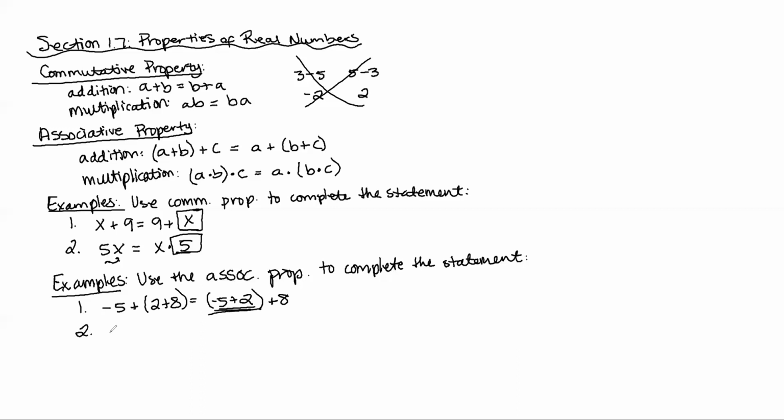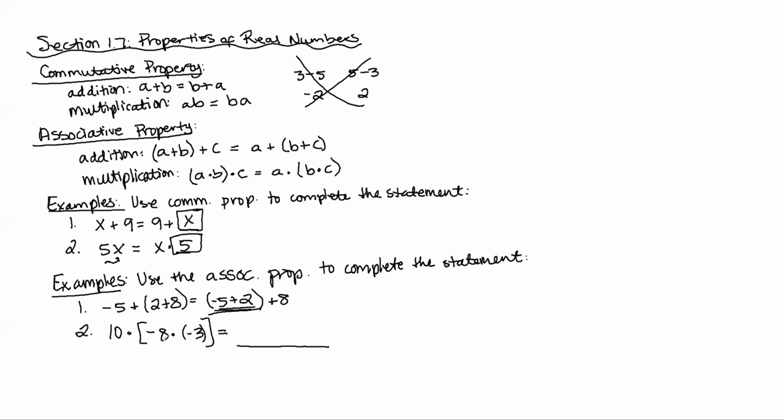Now the second one here, we're given 10 times brackets, because we're going to have some parentheses in here for the negatives, -8 times parentheses -3, end bracket, is equal to. For this whole answer, we want to use the associative property. There's only one other place we can move these brackets.